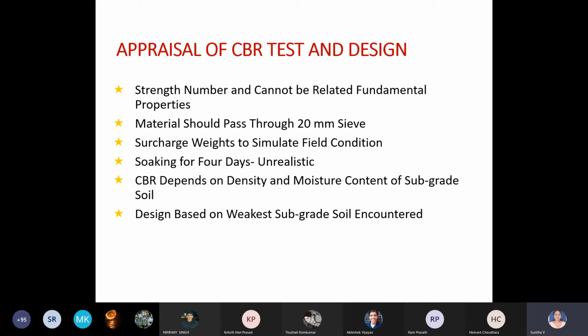And this CBR again depends on the density of the soil and the moisture content of the subgrade soil, and design is based on the weakest subgrade soil encountered. If you have both very good and weak soil, it is better to test with the weakest soil.